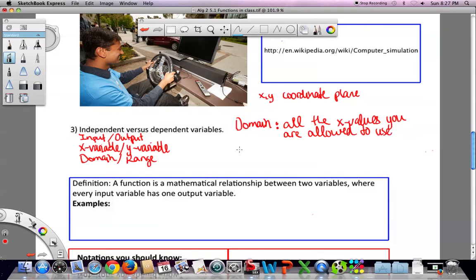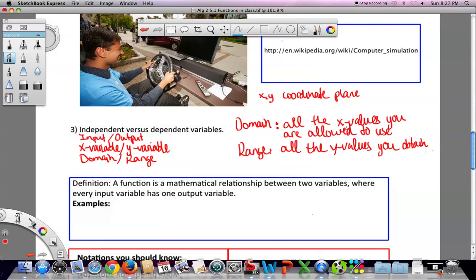Then the range would be all the y values you obtain. If you were able to plug in every single x value, then all of the y values that come out of the function would be called your range.